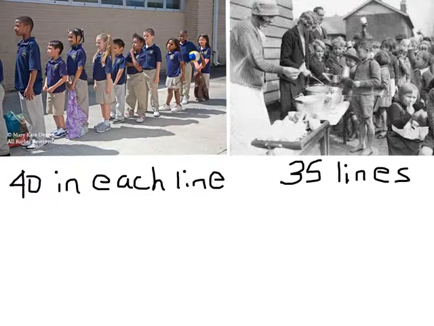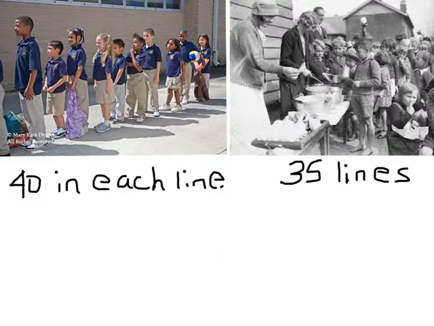Well, if there's 40 in one, then we could say that in 10 lines there would be 400, but we have 35 lines, so we're going to say 40 times 35, or wait, better yet, let's do it like this.